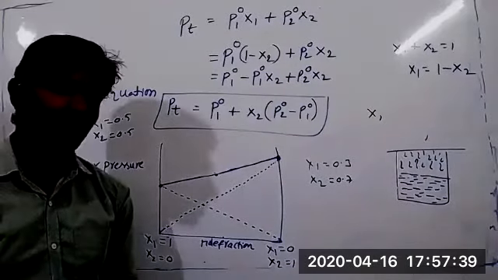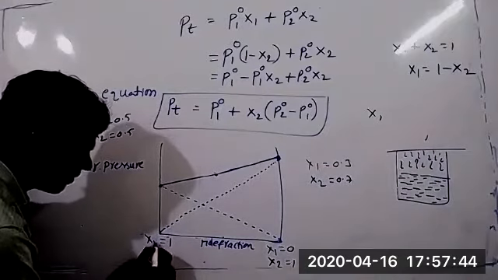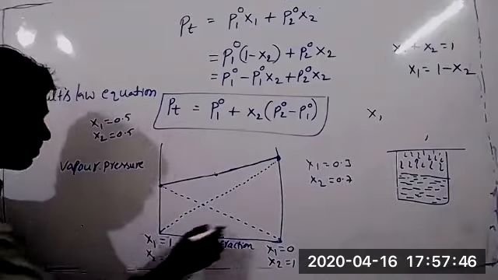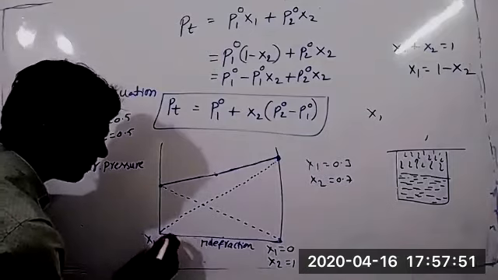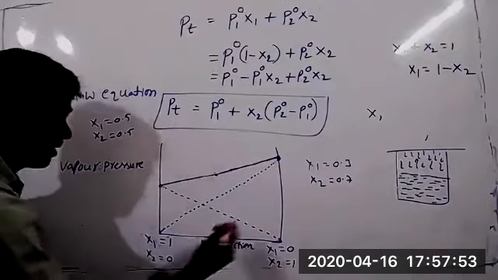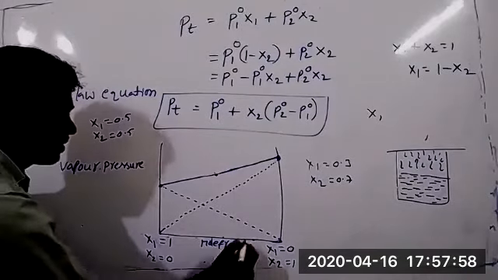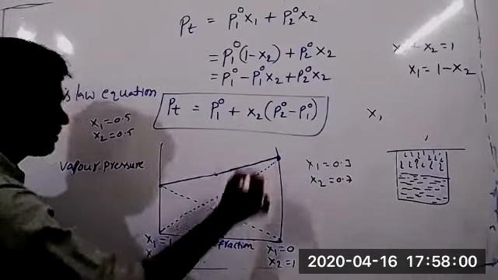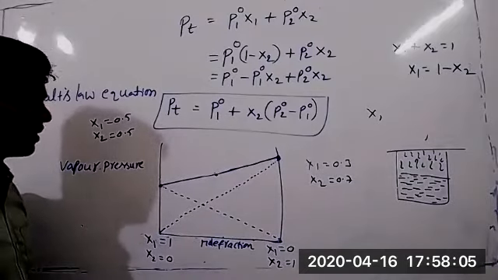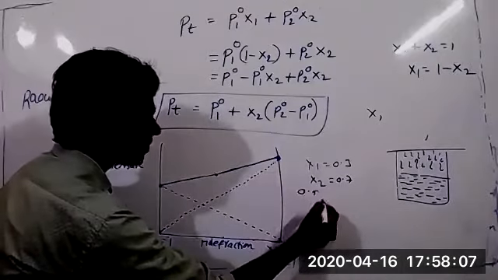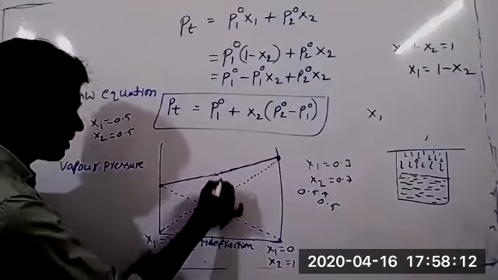How much vapor pressure does it have? If x1 is 1, we want only 0.3, so it decreases further. Moving from this side to this side, the mole fraction of component 1 decreases, so the point refers here. Got it? Suppose both are 0.5 and 0.5, then it comes at the center. The total vapor pressure of the solution is here.